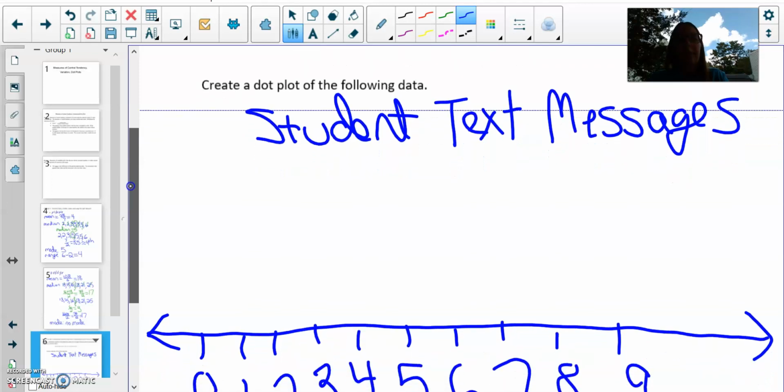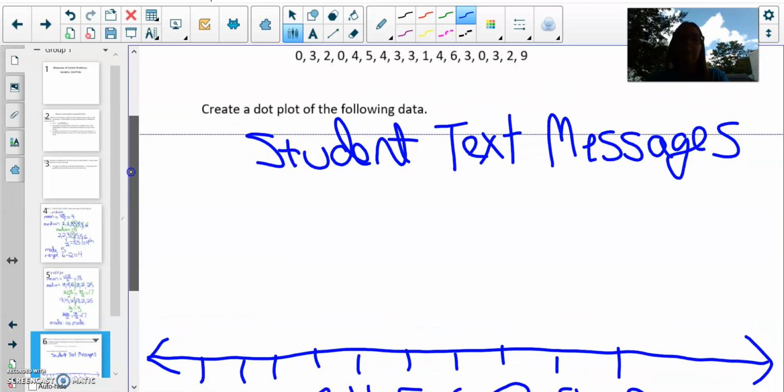And now I'm going to put a point above each value on the number line for each of my data values.